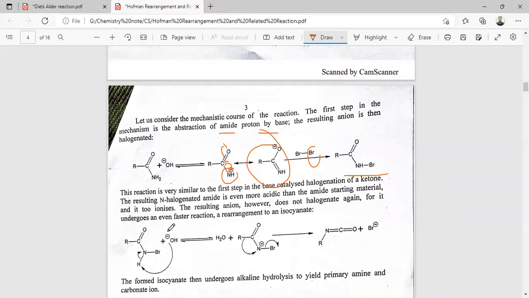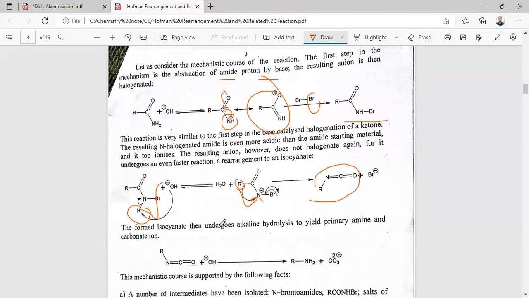So here, in the presence of base, this brominated amide loses a proton to form this anion. Then this R group migrates to the nitrogen with bromide elimination to form this isocyanate intermediate, which undergoes alkaline hydrolysis to yield the primary amine and the carbonate anion.